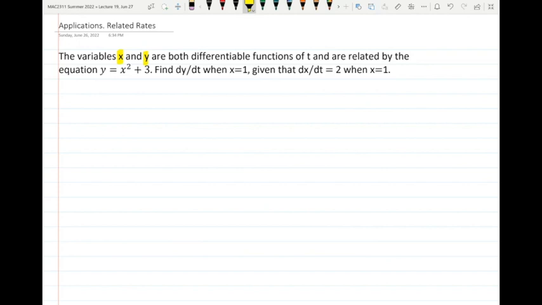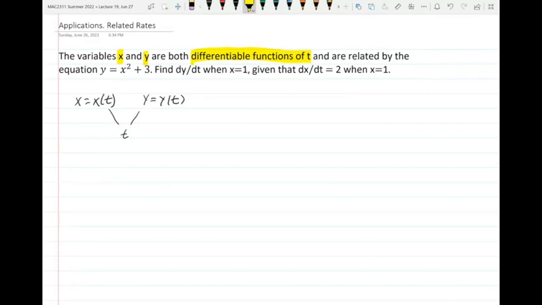So we have two quantities, x and y, and they both depend on a common variable, namely t. That's the setup so far. In other words, x is a function of t, which we don't know the formula for, but it's a function of t, and y is also a function of t. We're being told that, and moreover, that they're differentiable.